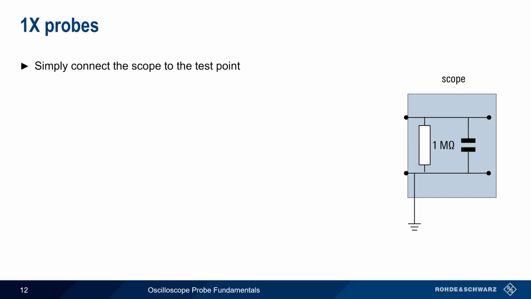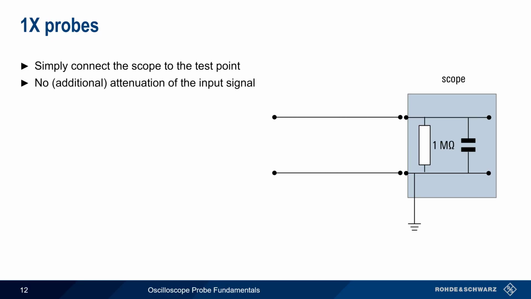Let's spend a few minutes looking more closely at 1x and 10x probes. A 1x probe simply connects the scope to the test point without any additional attenuation. As mentioned previously, this means that 1x probes have high sensitivity and can see small signals more easily.